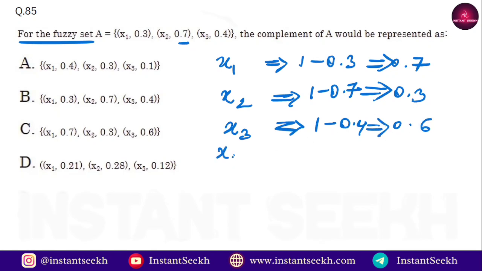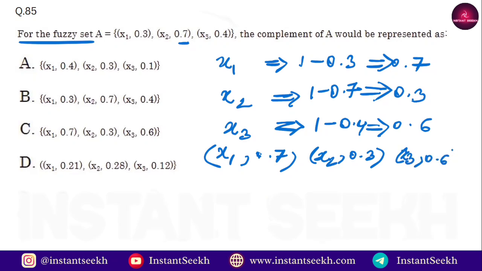So the correct complement will be x1 comma 0.7, x2 comma 0.3, and x3 comma 0.6. Let's see which pattern matches this: 0.7, 0.3, 0.6. So option number C is your correct answer. Okay, let's move on to the next.